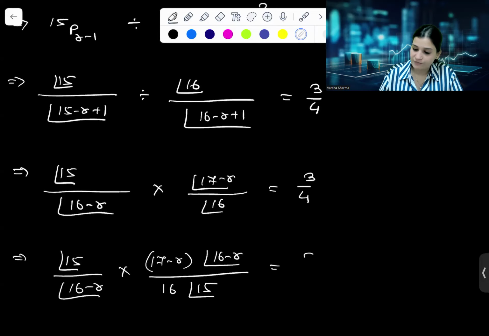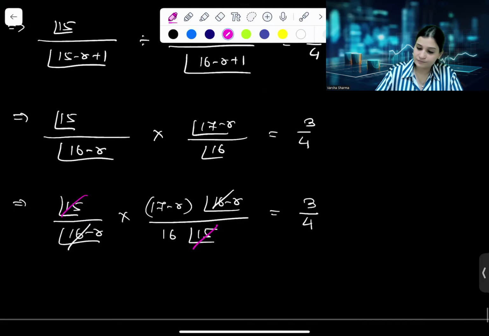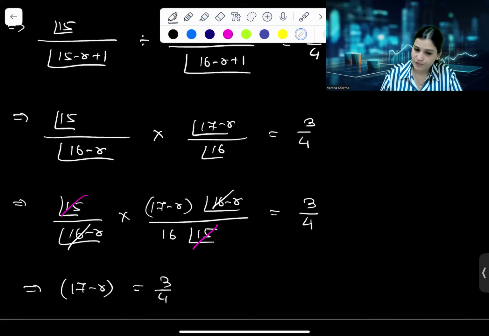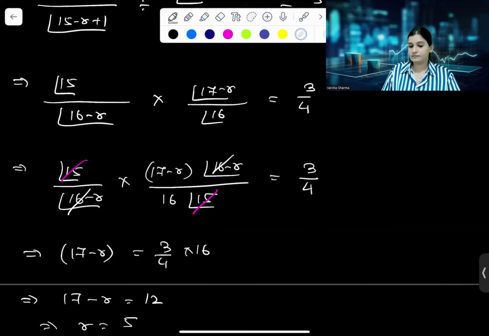So 16 into 15 factorial. 15 factorial gets cancelled. 17 minus r equals 3 by 4 into 16, that is 12. 17 minus r equal 12. R will be 5. Clear? Yes, ma'am.